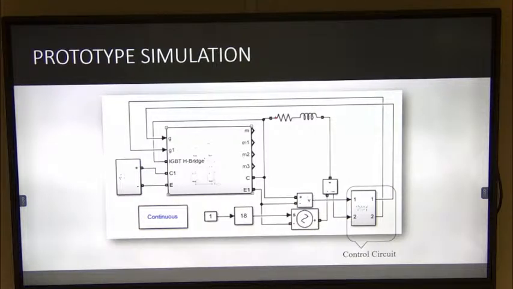And then, as you can see, the following simulation has an AC input on the left side, and that block in the center, which is named IGBT H bridge, we find a full bridge and various other components. And on the right side, we have various other elements and a control circuit on the lower right side.